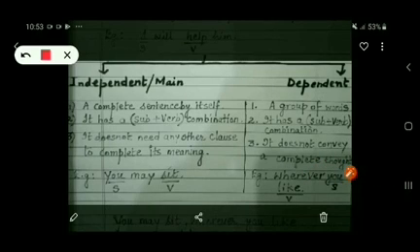An independent clause is a complete sentence by itself. It has a subject-verb combination in it. It does not need any other clause or group of words to complete its meaning. So we can say it has an independent existence on its own. It does not require anybody's help.